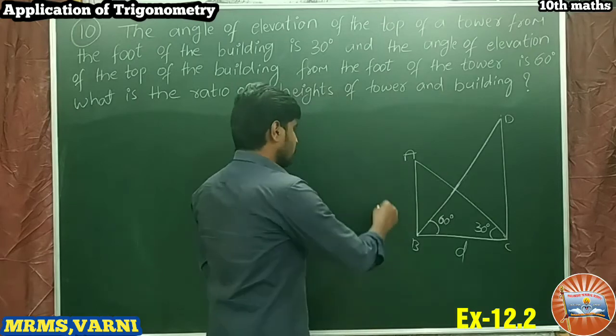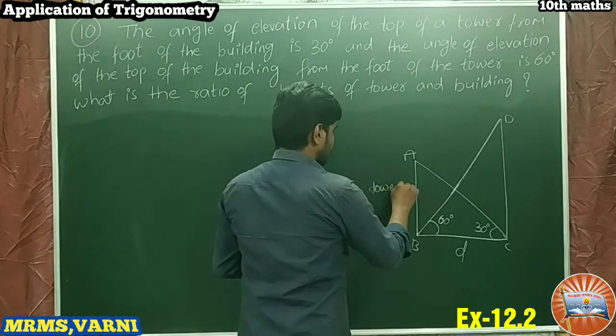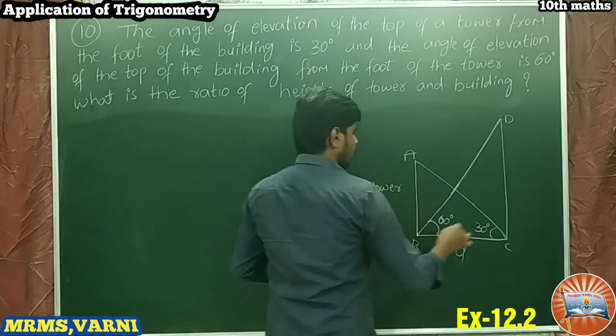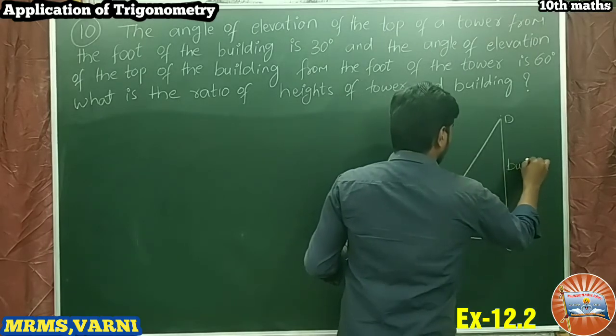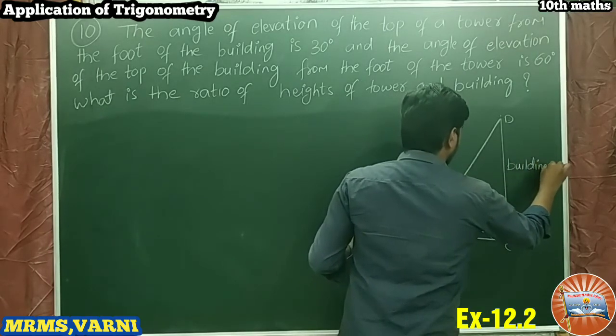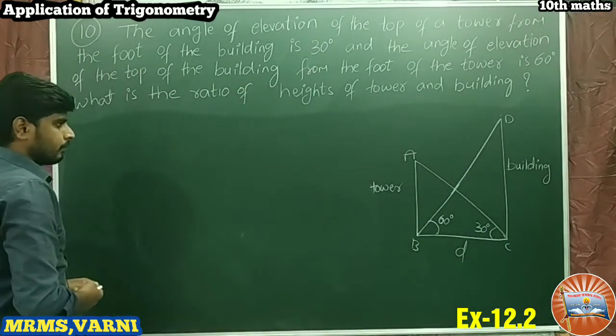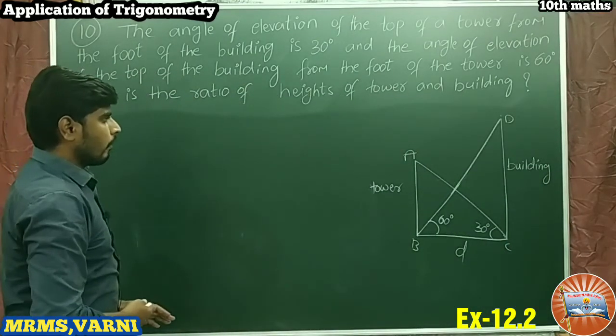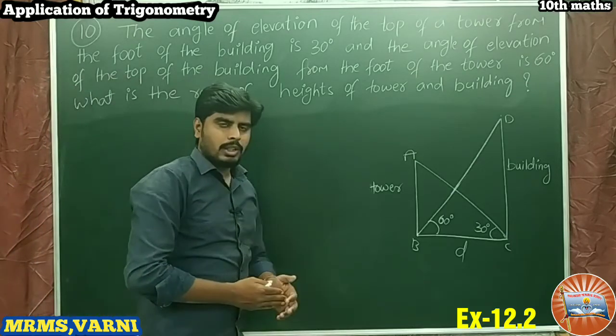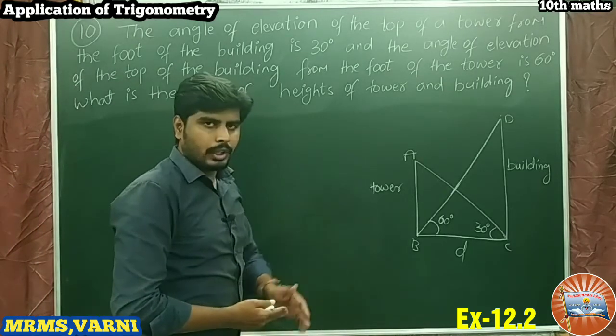This is the tower, this is the building. Okay, right. So I am going to use the tan ratio here. Instead of tan we can use the cot ratio also.